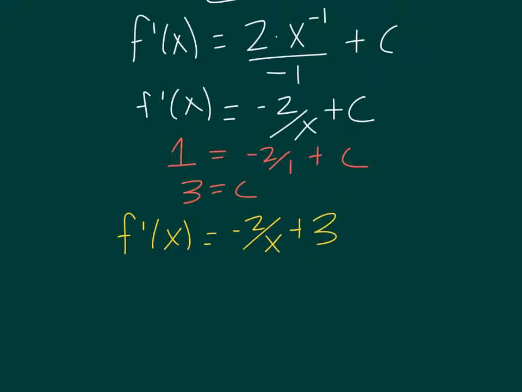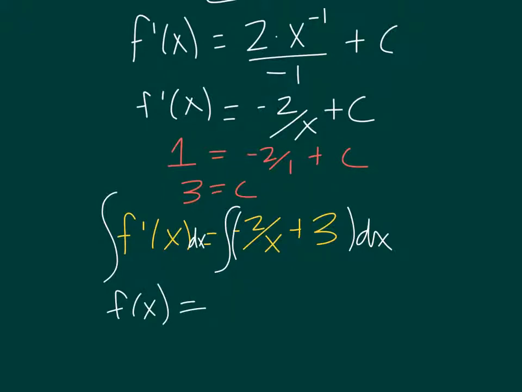Now I need to take the integral again, because the integral of f prime is going to give me f. Now for this one, we don't really need to do u substitution because it's just an x, but remember I can kind of treat this separately as two separate integrals, like the integral of negative 2 over x dx plus the integral of 3 dx.